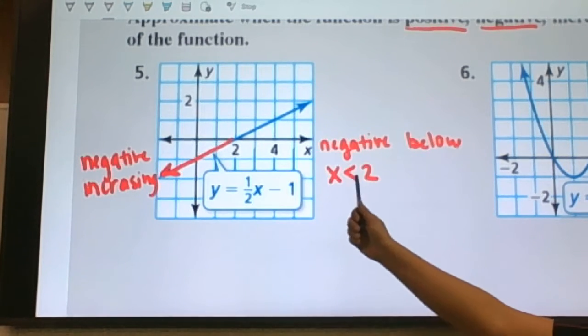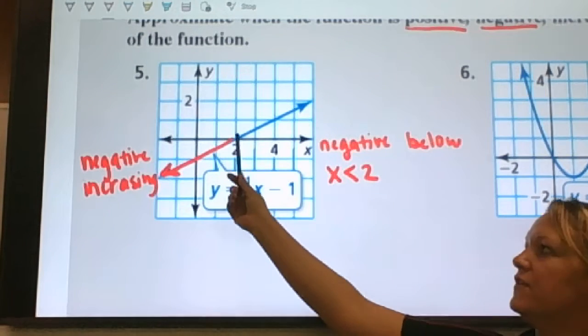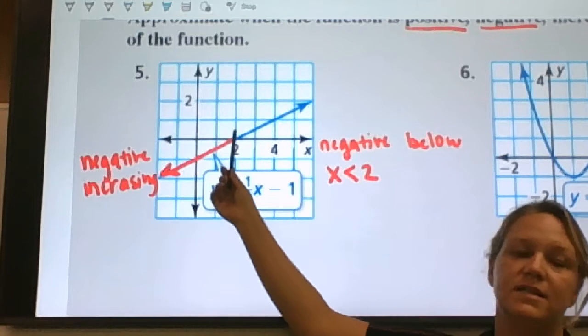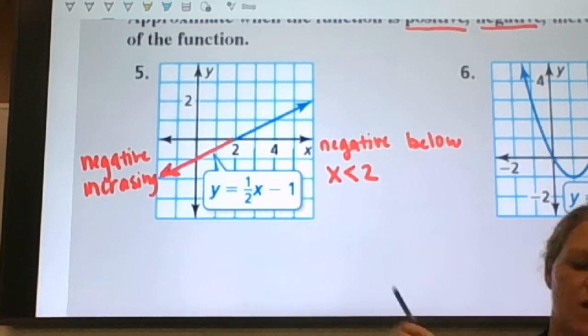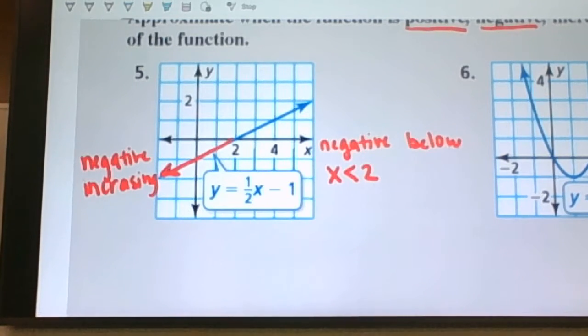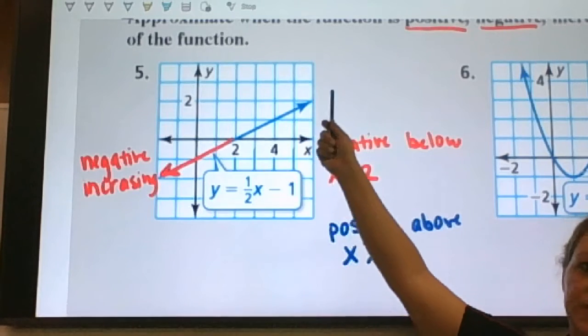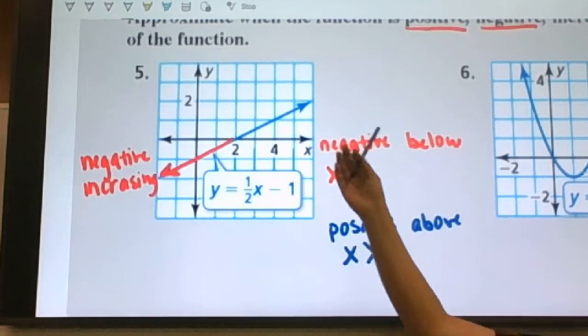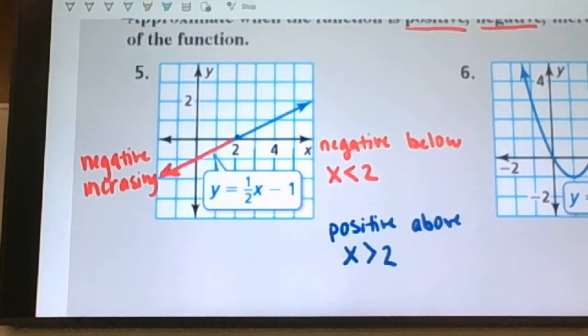So I show this with an inequality, saying if you're less than 2 on the x-axis, you're in the negative zone. Positive. Above. So wherever it's greater than 2, when x is more than 2, it's positive.